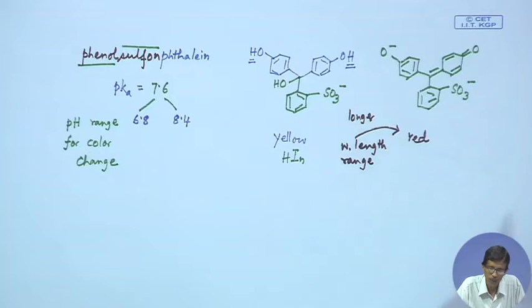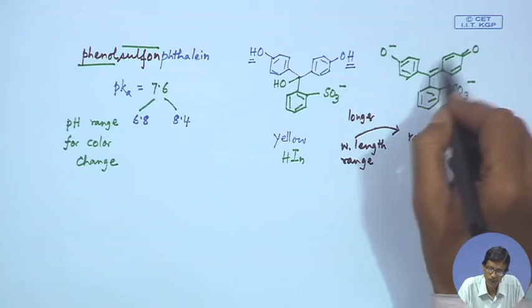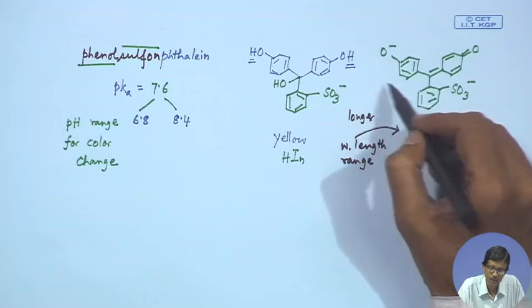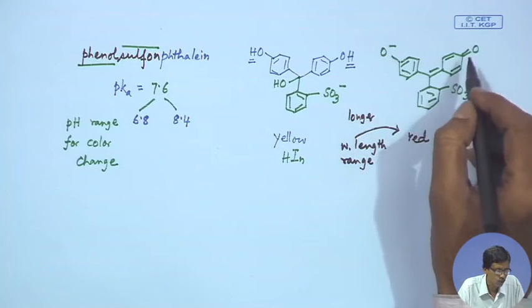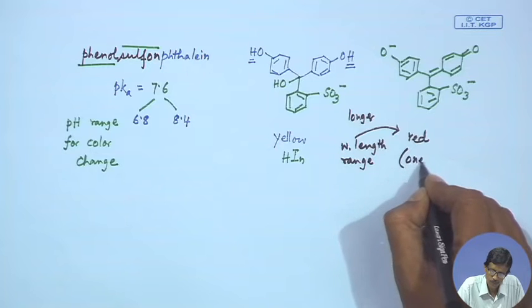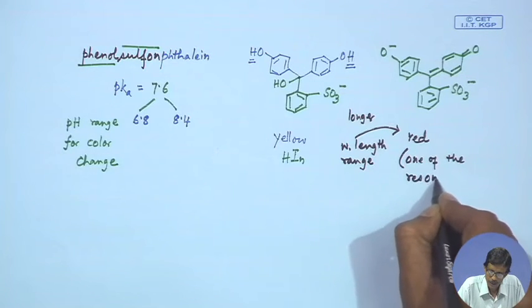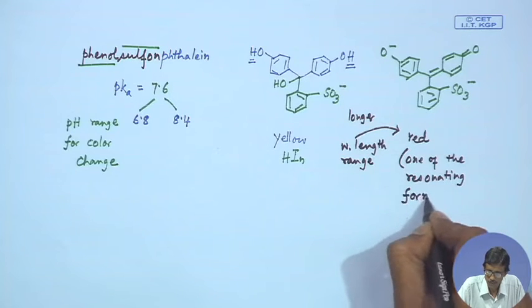Since it goes to a longer wavelength range and is in the red, this is one of the quinonoid forms. Another resonating form can also be a quinonoid form, so the delocalization is more between these two rings. This red is one of the resonating forms we get.